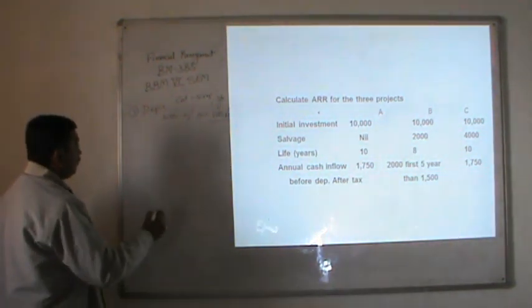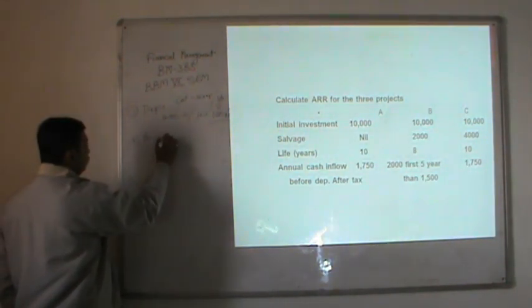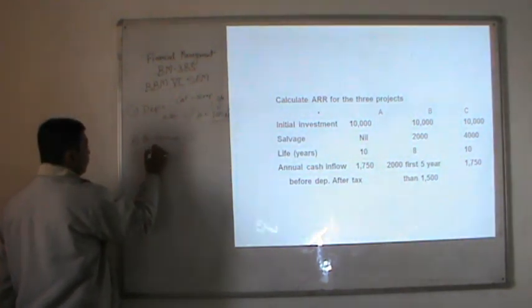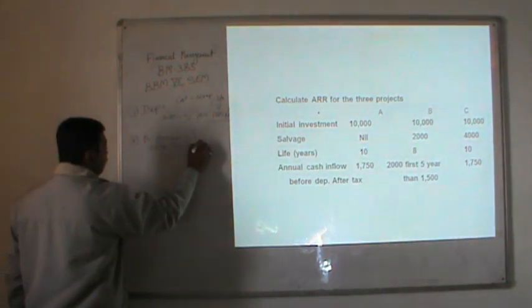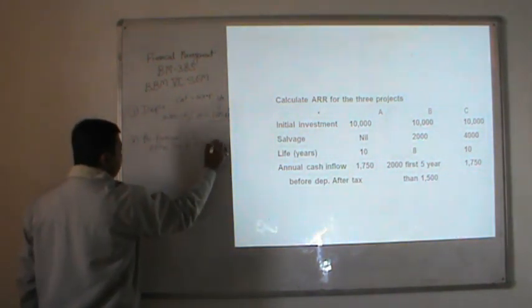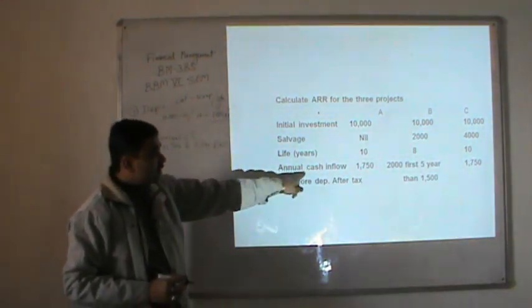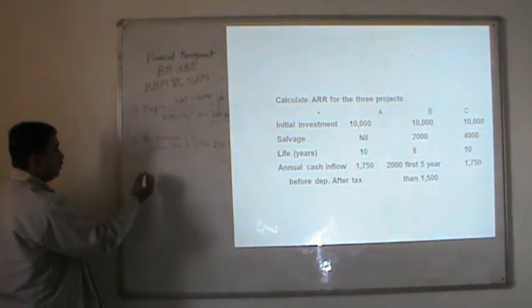Now thereafter we calculate the average annual cash inflow, that is after tax and after depreciation. Since we have been given the cash inflows before depreciation, we have to reduce the depreciation from this.